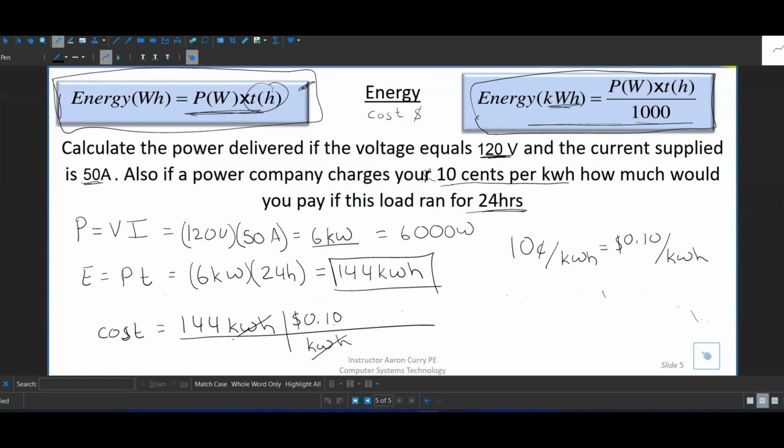And of course, your kilowatt hours cancel out. And so this equals $14.40 that it would take to run this load for 24 hours.